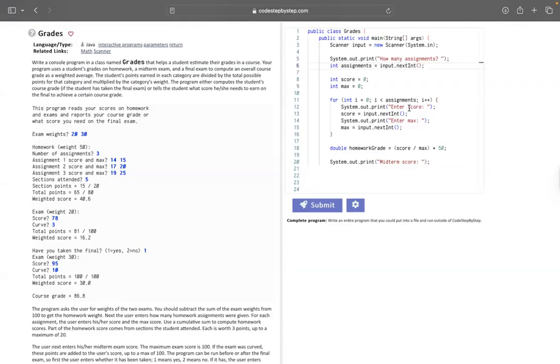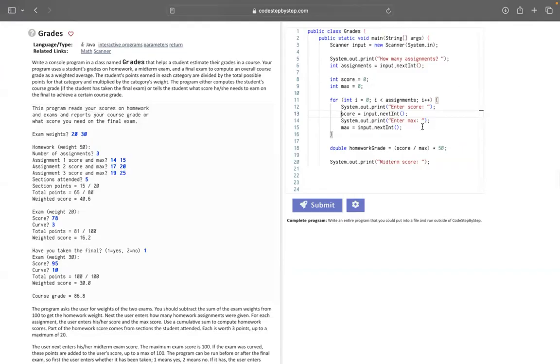And then this is where the number would be held for the score. Oh wait, shoot, I didn't put the int in. If you put int there, you're going to be resetting the variable, because you already made score. Yeah, okay.